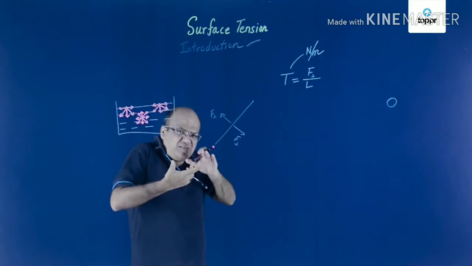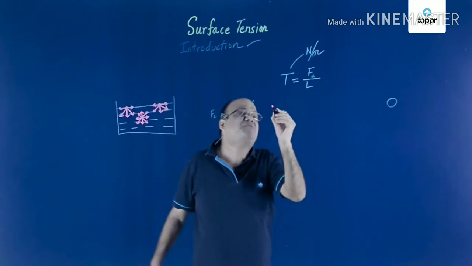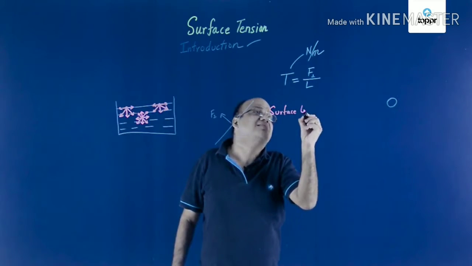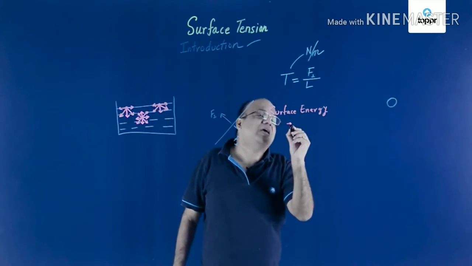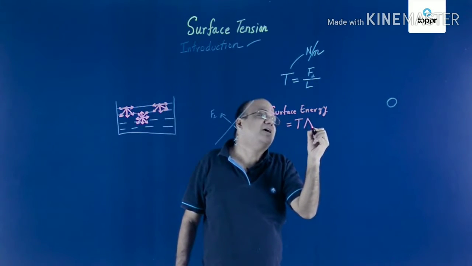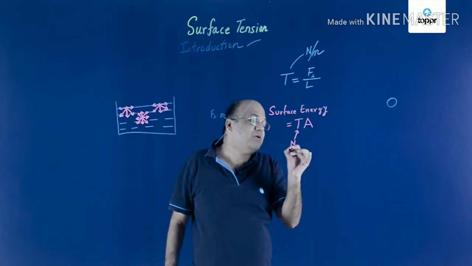Now, because of this surface tension, there is energy in the surface, that is called surface energy. Surface energy is defined as surface tension into area. So, surface tension, if you multiply by area, you get surface energy. Surface tension is Newton per meter.